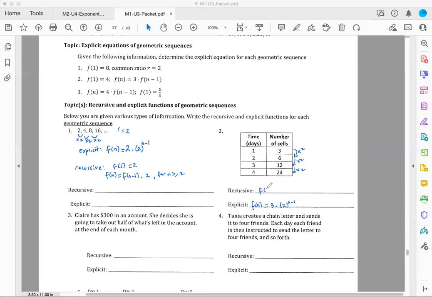For recursive, you always start with f of 1, which is 3, and then f of n equals, remember, it relies on the previous term, so f of n minus 1 times 2 for n greater or equal to 2.